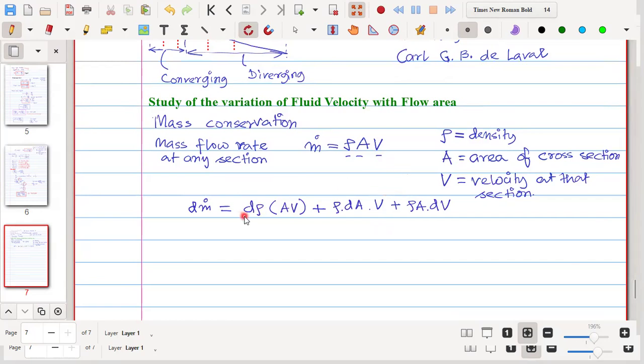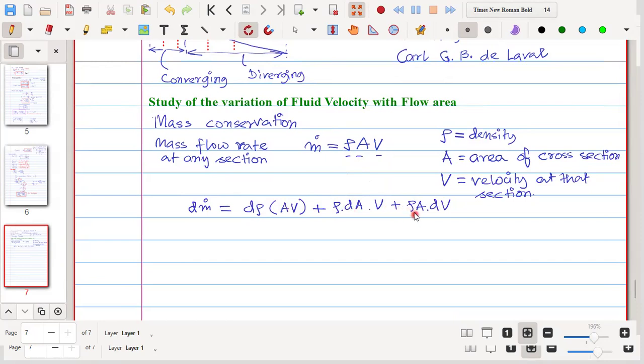So here you see that rho underwent the differentiation and A V as it is remain fixed. After that, rho and V kept fixed and A underwent the differentiation.